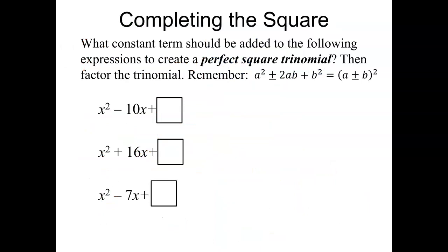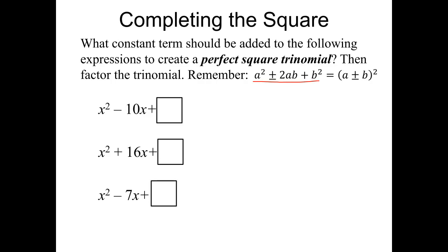The process of completing the square is basically taking a quadratic and forcing it to be a perfect square trinomial. So I want you to recall a couple things. A perfect square trinomial is always in the form where the first and last term are perfect squares, and the middle term is the product of 2 times their roots. Okay?